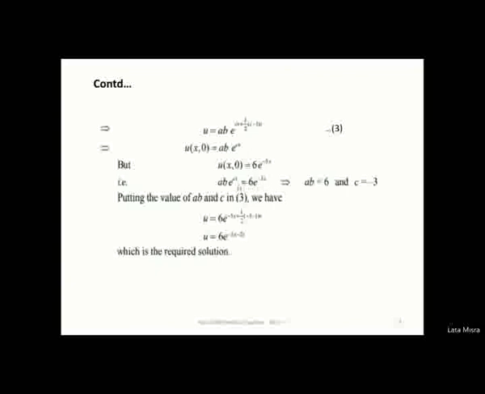So when we compare both the terms, we find ab is equal to 6 and c is equal to minus 3. Now use ab equals 6 and c equals minus 3 in equation number 3. We get our required solution, and that is u equals 6 e raised to minus 3x minus 2t.